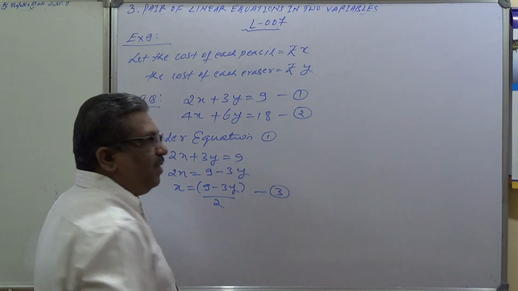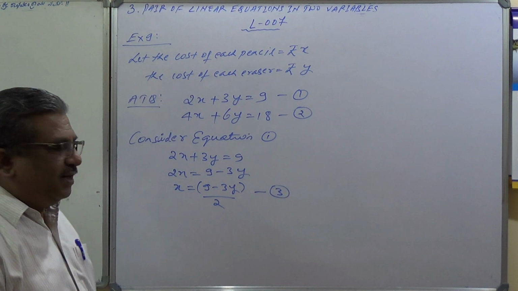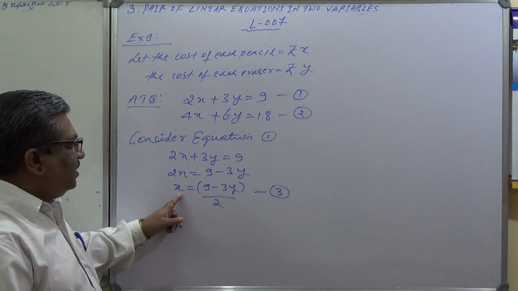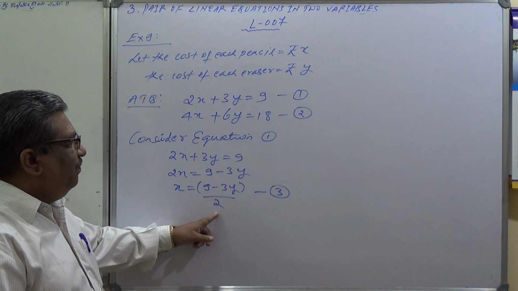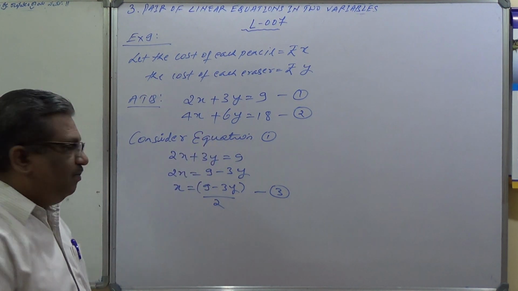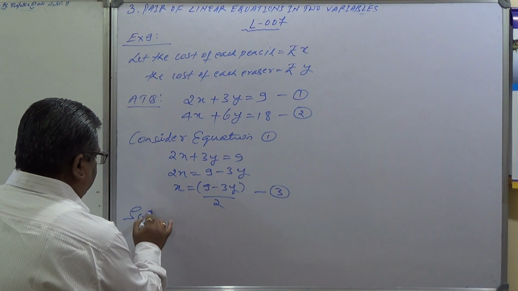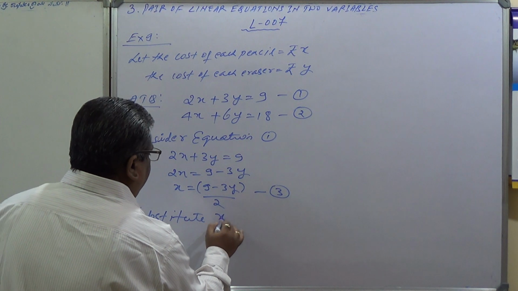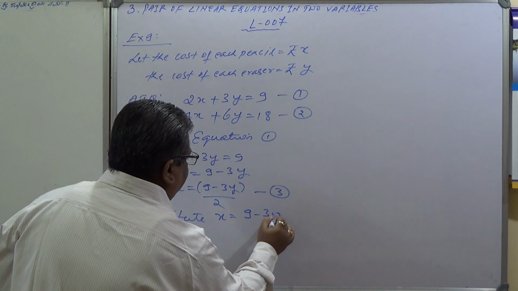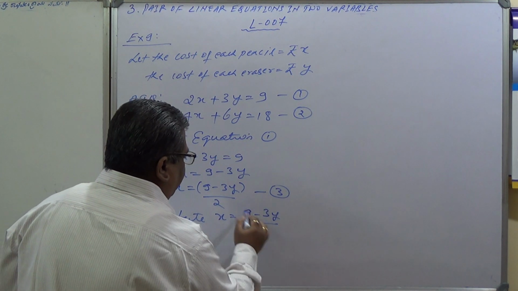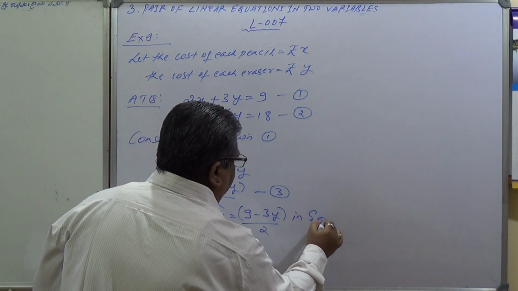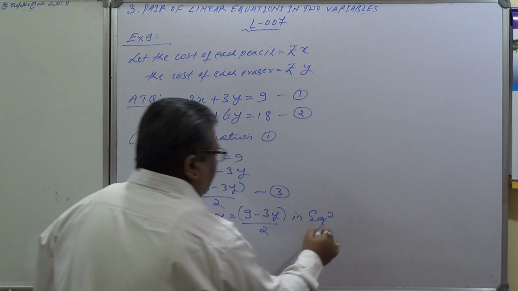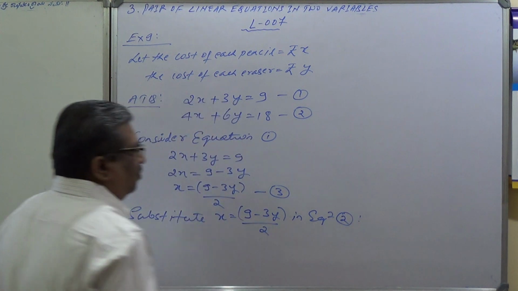This is 3. By substitution method, substitute x equals (9 minus 3y) by 2 in equation 2. So what we get here?